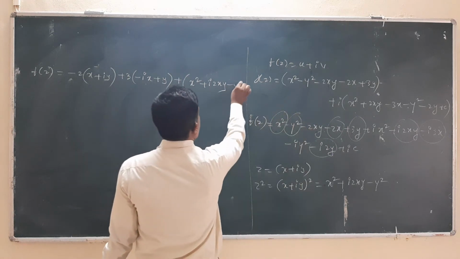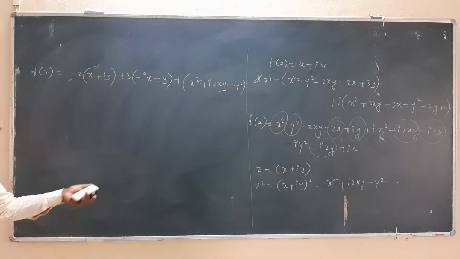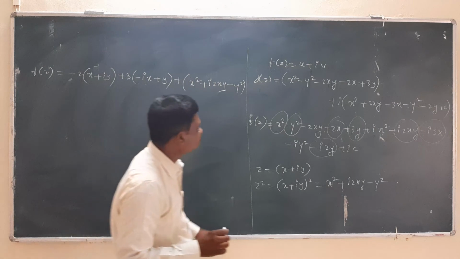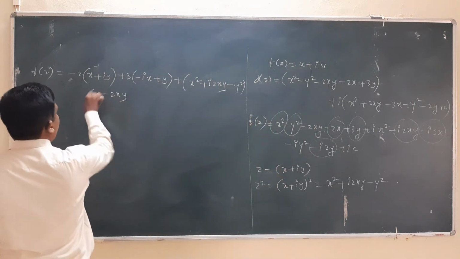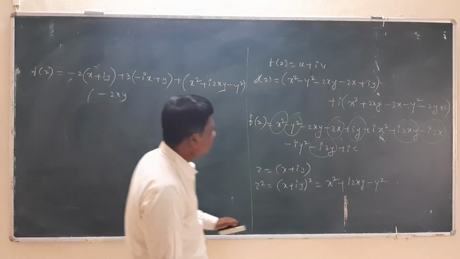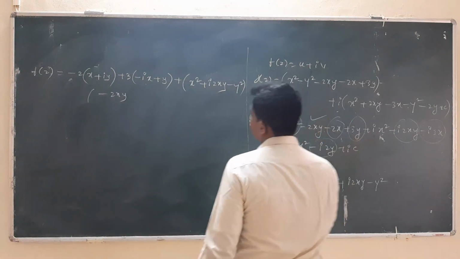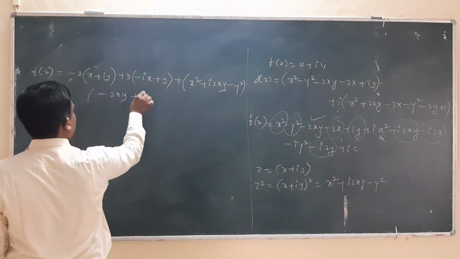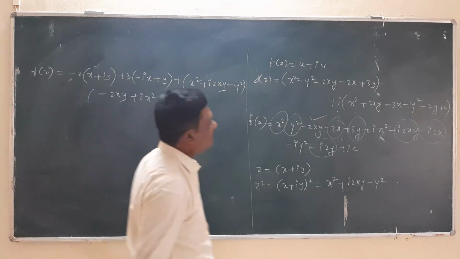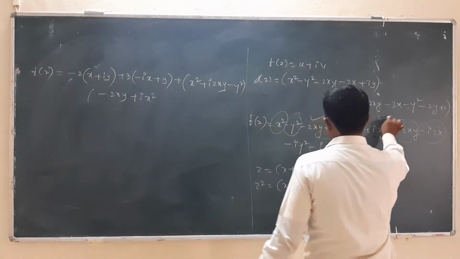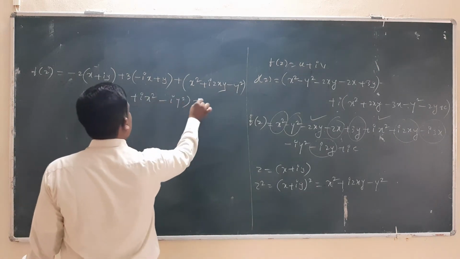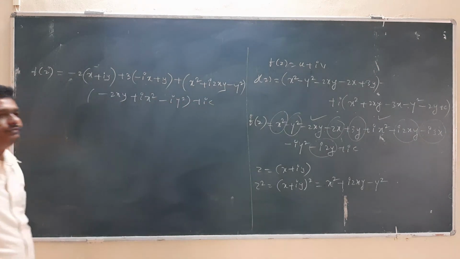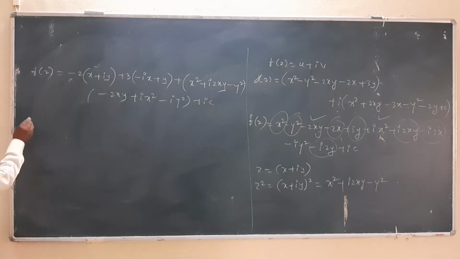So I will write the remaining terms now, that is minus 2xy, plus ix square, this is also over, then minus iy square, plus i into c.